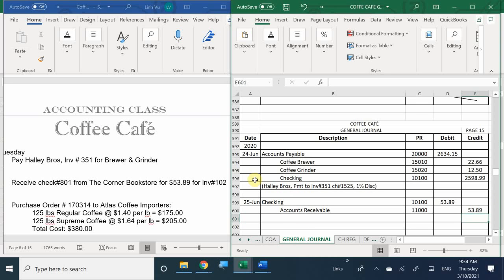Now we have the information that we have here. What's the description we can place here? Received check number 801 from the corner bookstore for invoice number 102. Yep, receive payment from corner bookstore for invoice number 102.